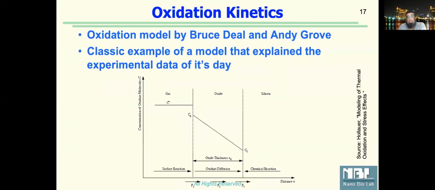This is an oxidation model proposed by Deal and Grove in 1965. Both were at Fairchild Semiconductor, the forefather of Intel and all semiconductor companies. It explained the experimental data of that day.